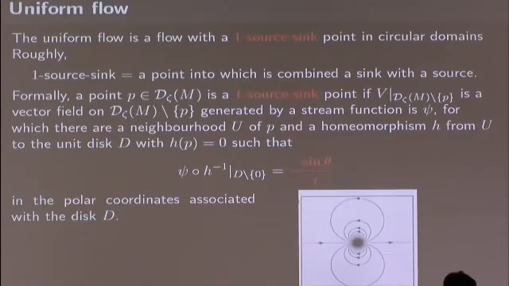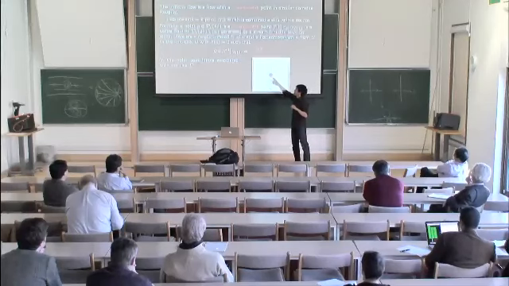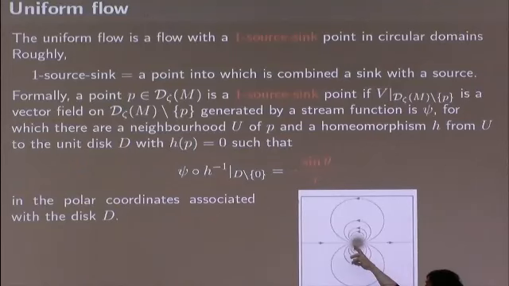It's not really a generic configuration then, is it? Because it's a combination of two regularities. Yes, exactly. But one pole is very generic in the non-degenerate case. So an n-pole can be separated into n one-poles, and one pole is a very generic one.